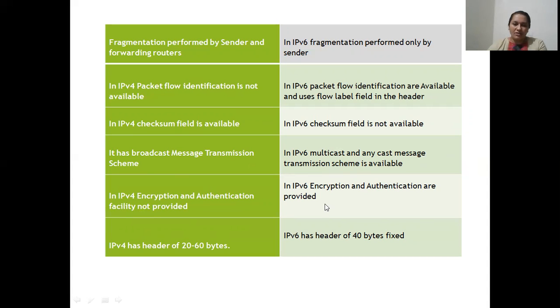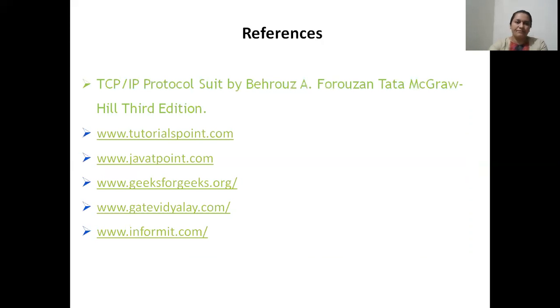Hence, IPv6 is helpful for more secure packet transmission. The header length of IPv4 varies between 20 to 60 bytes, whereas the header size of IPv6 is fixed and it's 40 bytes long. So these are a few differences between the two IP versions, IPv4 and IPv6.